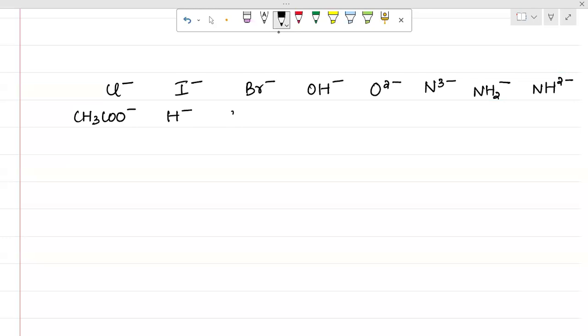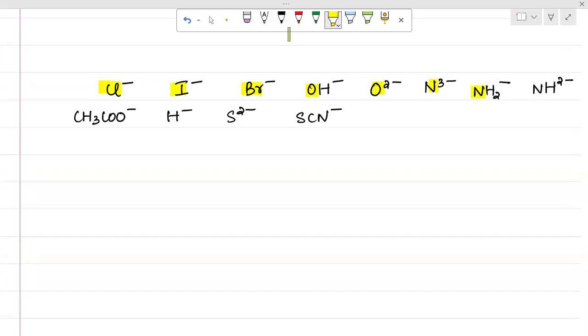H minus, hydride. S2 minus, numerous. SCN minus. These are all cases where they are negatively charged and at the same time they can donate their lone pair of electrons from a single atom. Okay, chloride, iodide, bromide, hydroxide, oxide, nitride. I hope you're getting it.